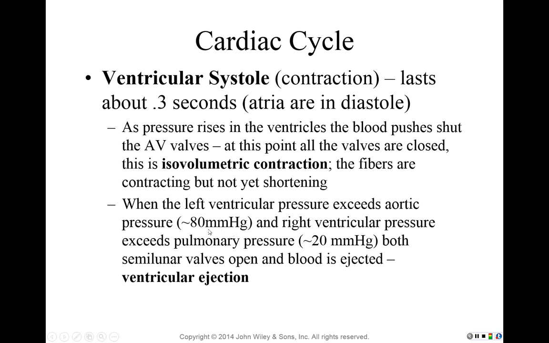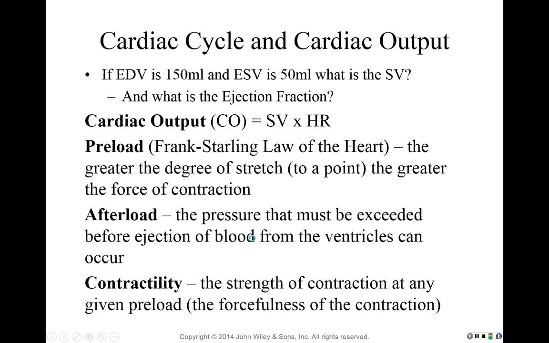What pressure must we exceed? If the pressure in the aorta is at 80, that's not so bad. That's a manageable pressure. But if this jumps up to 90, 100, 110, the afterload increases. The heart has to work harder to eject the blood. So any kind of increase in afterload is a negative thing.